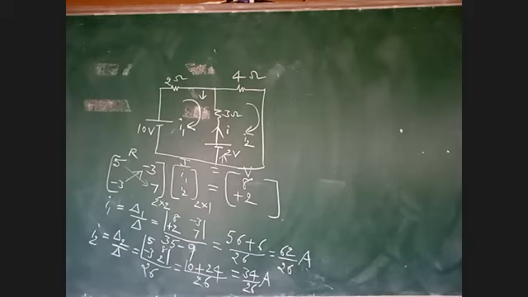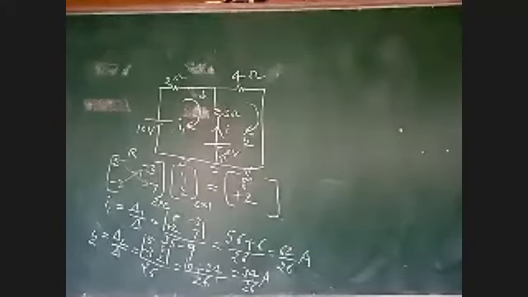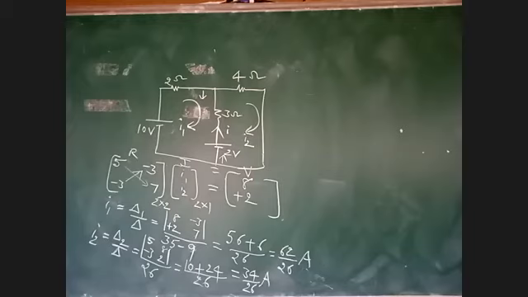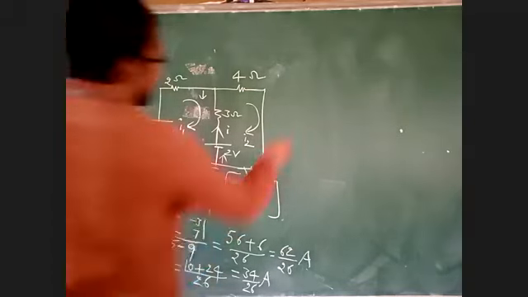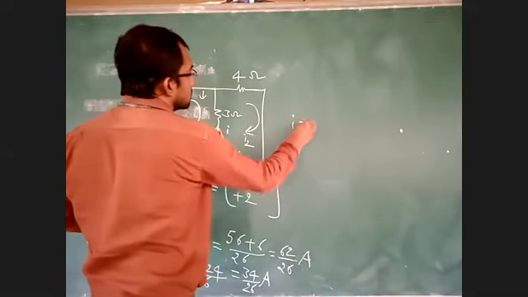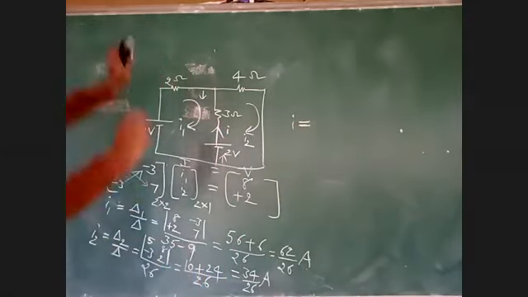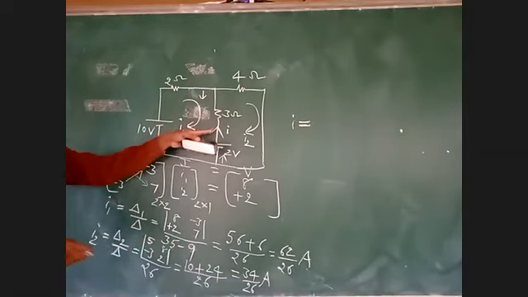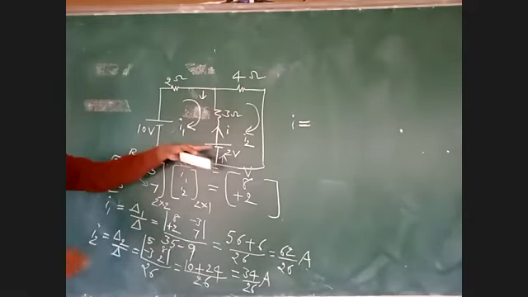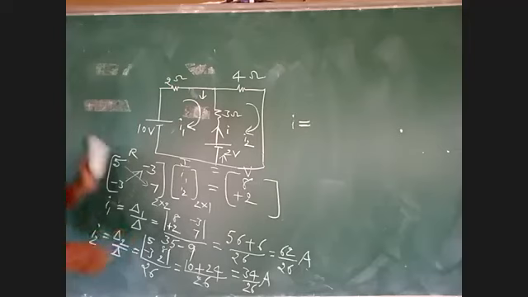Okay, but what is the problem asking? Current I in the middle branch. They don't want I1 and I2, they want only I. So now I will determine I. See, the direction of I is upward.